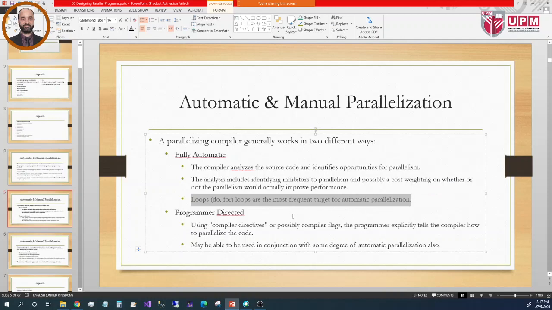Sometimes those loops are not a big issue, not the hotspot of the program, but these tools will still try to make them parallel. Sometimes it will introduce a lot of unnecessary overhead. Is that clear, guys?